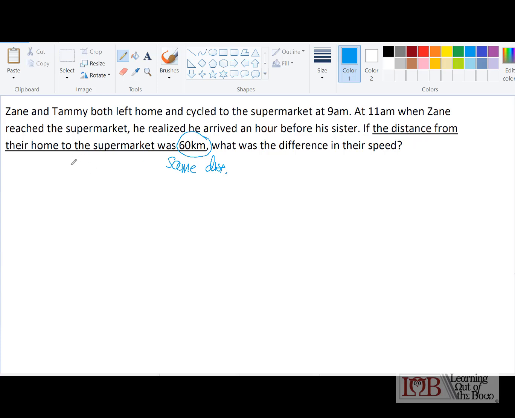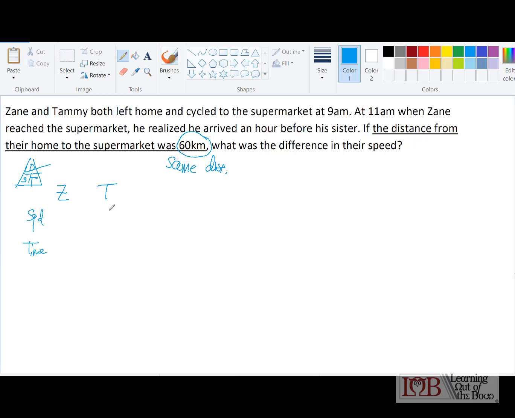And if you're not very sure, you just rewind to the front part, whereby you notice that if you're talking about same distance, remember your DST triangle, right? So your DST. So with same distance, you only have speed and time. Okay, so your speed and time.